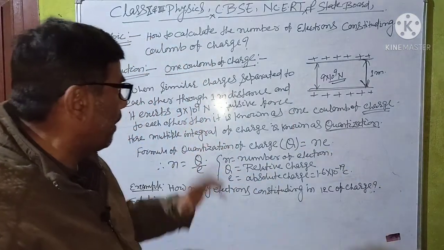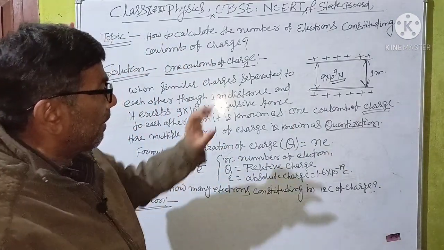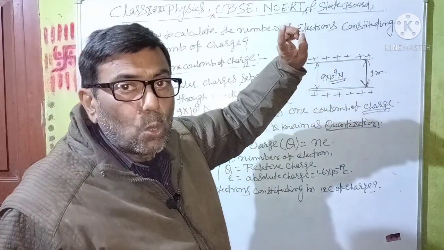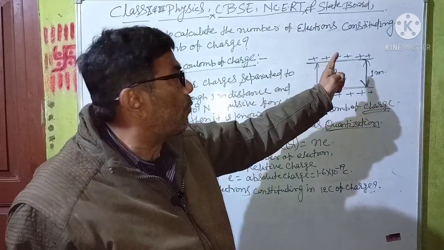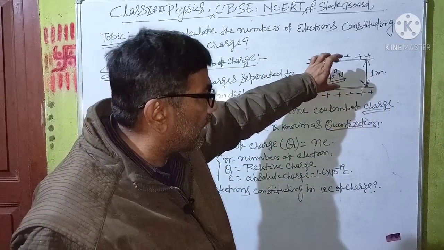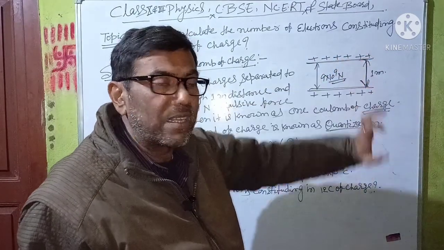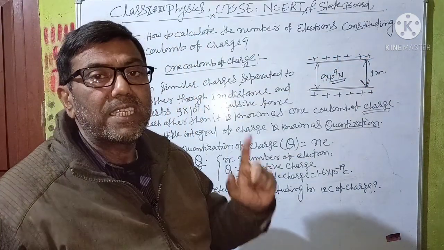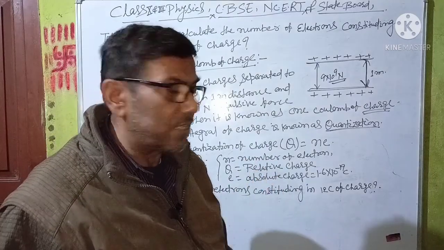So the similar charges repel each other with 9 into 10 to the power 9 newton force when separated by a distance of 1 meter in space, and that is known as 1 coulomb of charge.